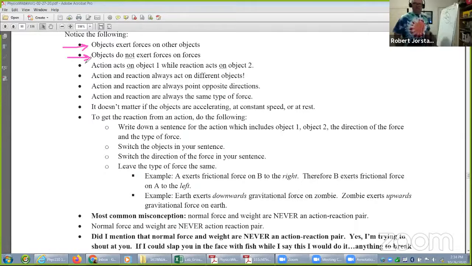So what you want to do is talk about gravity being exerted on an object. Or you could say the earth exerts gravity on a book. But you do not say the earth exerts a force on gravity. That makes no sense whatsoever. So watch out. Just remember, objects experience forces. Objects exert forces.